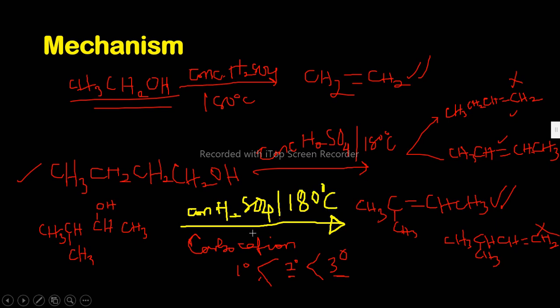The mechanism is the same. However, now when you lose this OH, you form a positive charge here. But now we shall shift this charge. We shall do a hydride shift from this, and we have a tertiary carbocation. That's what I want to see.